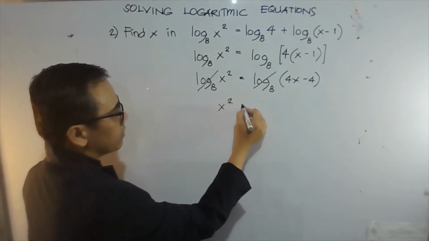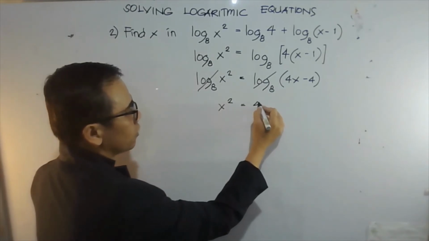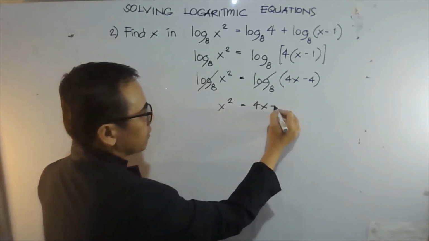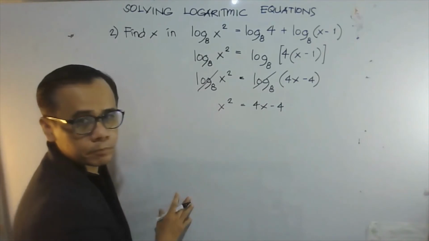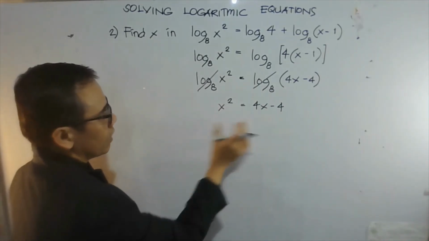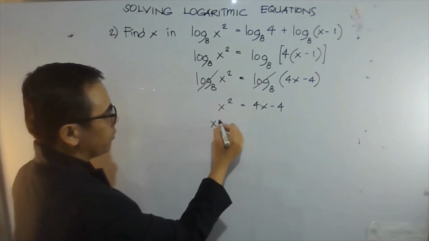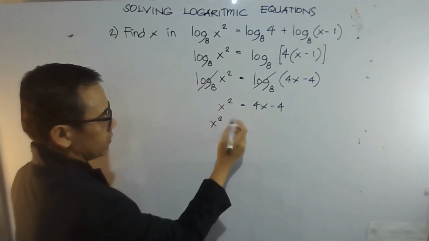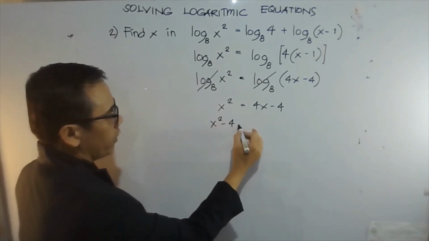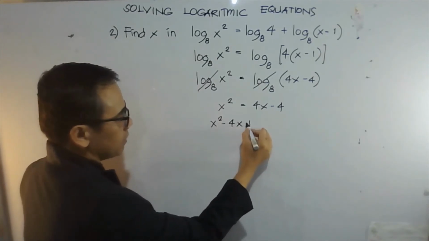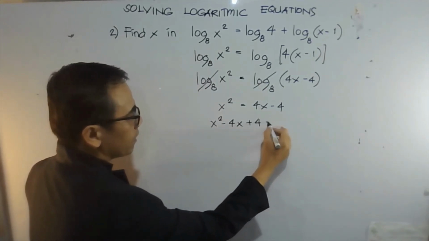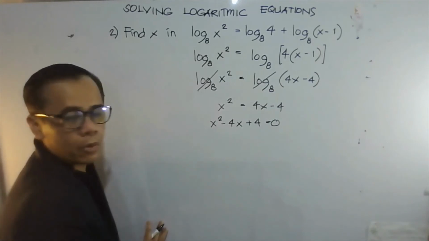We now have x squared is equal to 4x minus 4. So we have a quadratic equation. This is now equal to x squared minus 4x plus 4 is equal to 0.